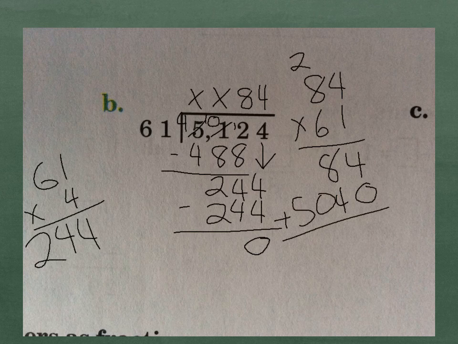Let's add our partial products up. 4 plus 0 is 4. 8 plus 4 is 12. 1 plus 0 is 1. Since this number is the same as the number we started with, it checks. And our answer of 84 is correct.